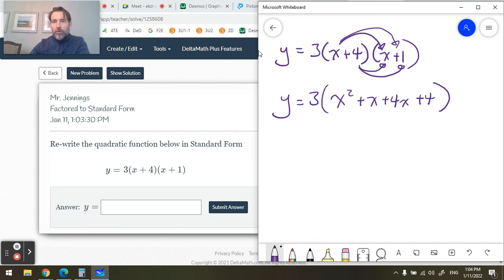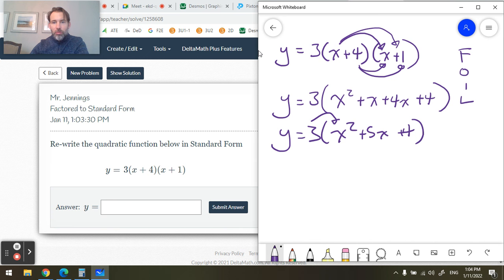Now those are first times first, outer times outer, inner times inner, last times last. That's your FOIL rule. Not a rule, just a method, the FOIL method. Then I collect my like terms, so I'm going to have y is equal to 3 multiplied by (x squared plus 5x plus 4). Now I'm going to distribute that 3 in and multiply all the things inside that box.